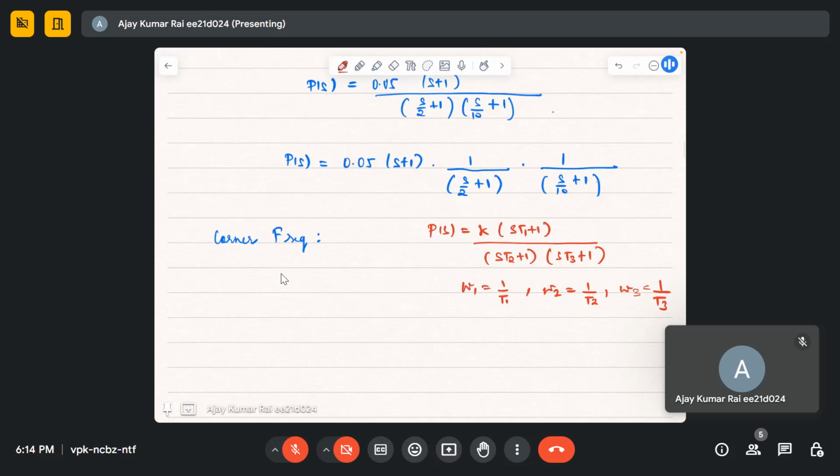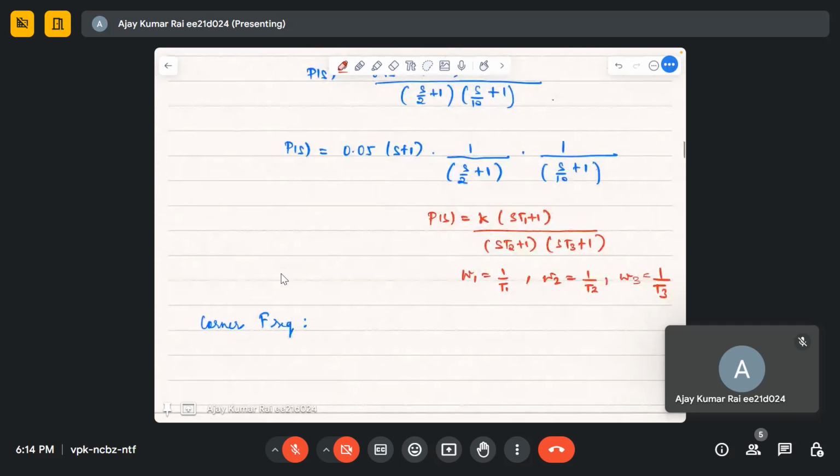Okay, so can you tell me what are the corner frequencies? Can you relate the two transfer functions written in blue and red? The constant we know. So what is omega 1? 1, 2 and 10.